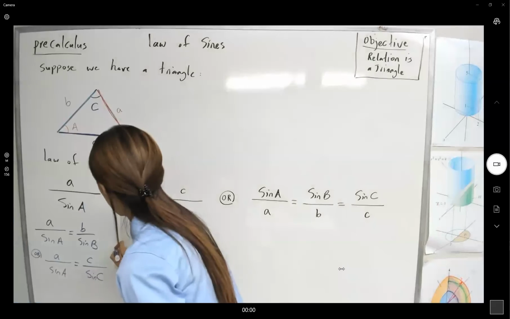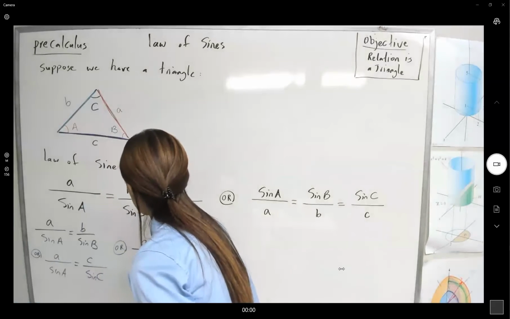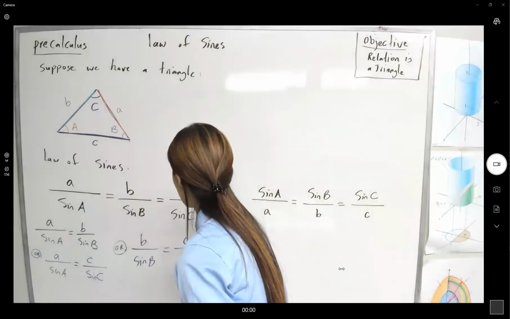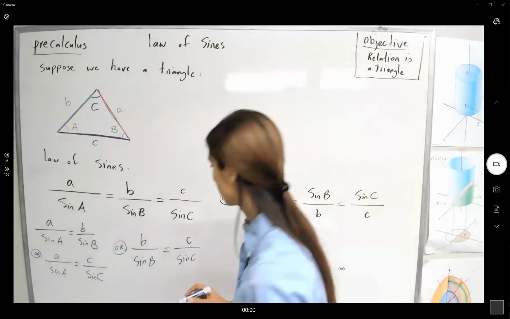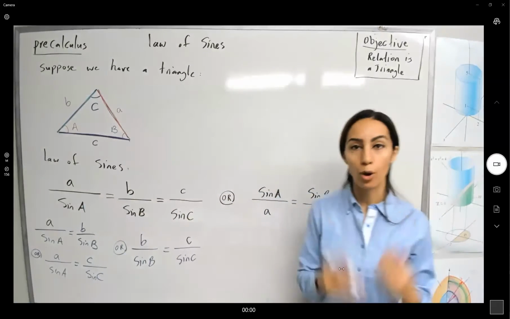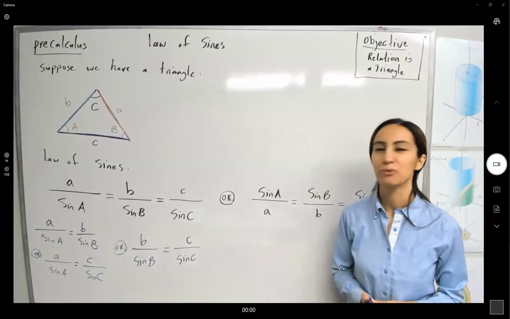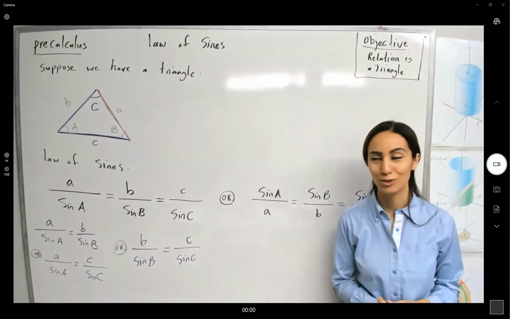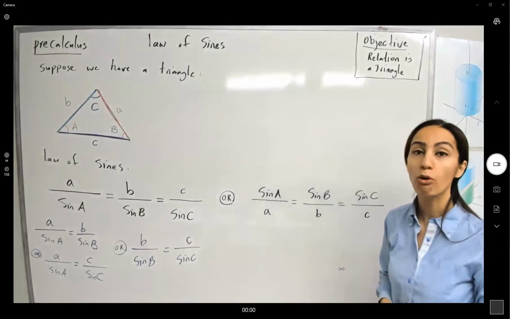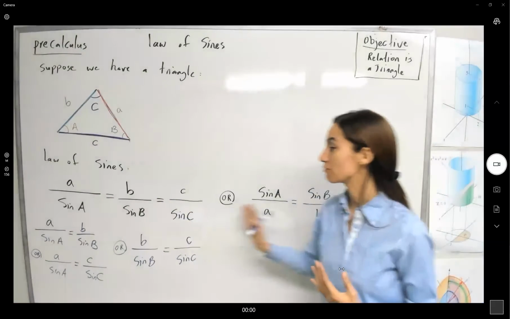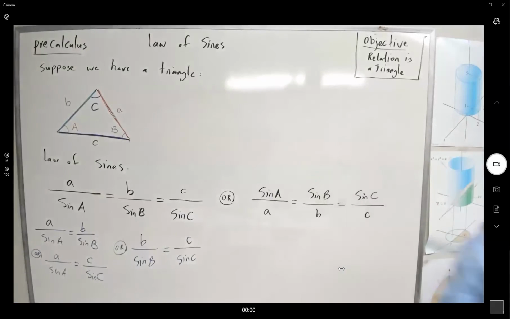Or you might say, I'm going to set B divided by sine B equal to C divided by sine C. So if you have, for example, 3 knowns, then you can easily find the 4th value which is missing or unknown. This law, the equality between these fractions, is called the law of sines.